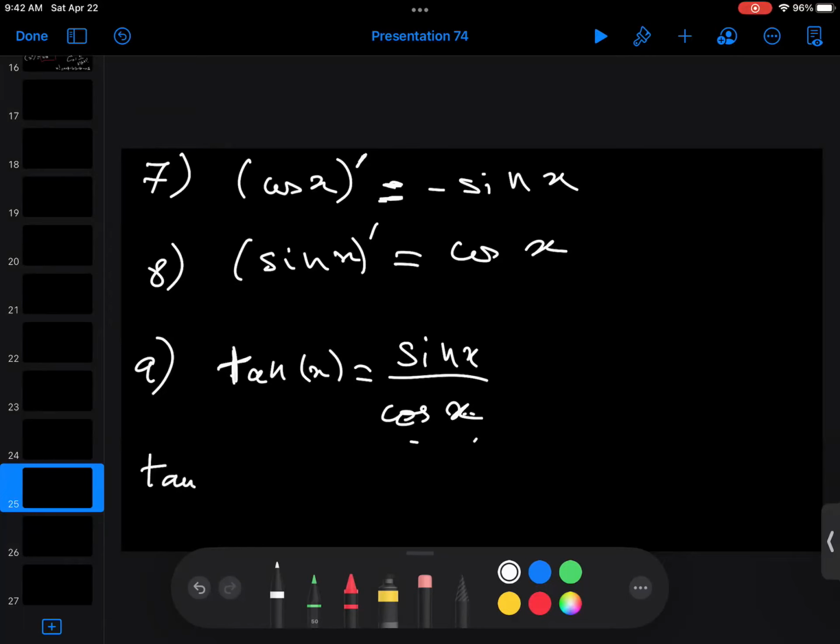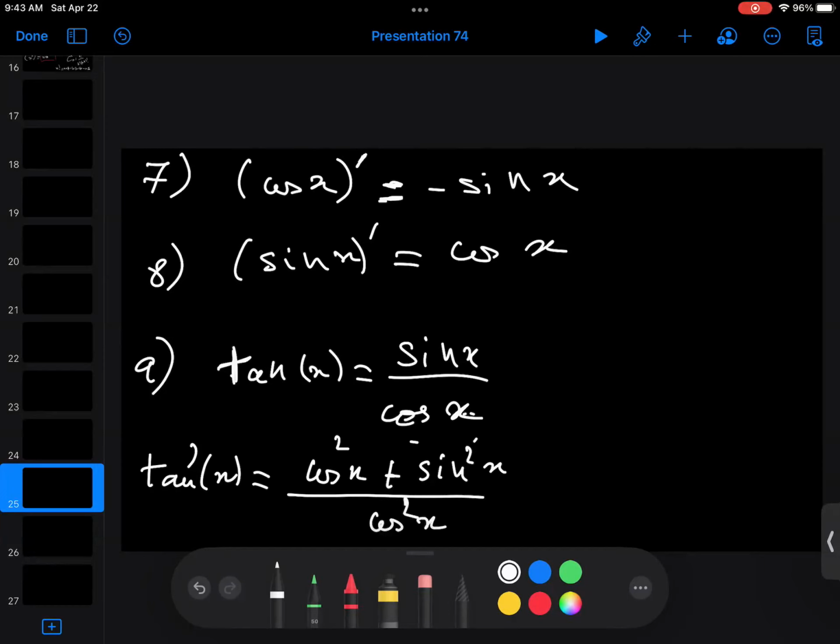So tangent prime of x is by definition: the derivative of sine, which is cosine, times cosine, so cosine square, minus sine times the derivative of cosine, which is minus sine, so plus sine square, divided by cosine square.